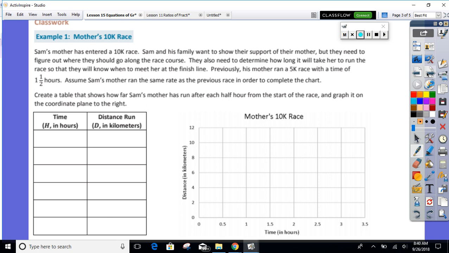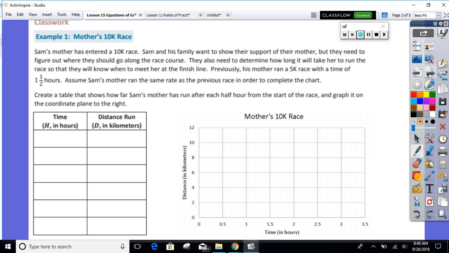Previously, his mother ran a 5K race with a time of 1.5 hours. Assume Sam's mother ran the same rate as the previous race in order to complete the chart. Create a table that shows how far Sam's mother has run after each half hour from the start of the race and graph it on the coordinate plane to the right.